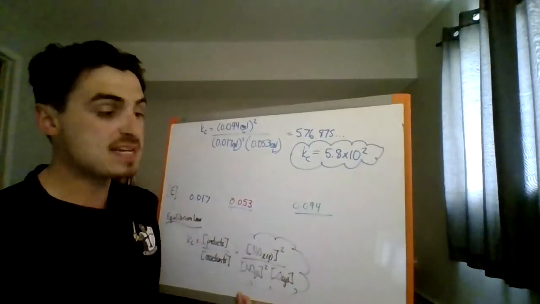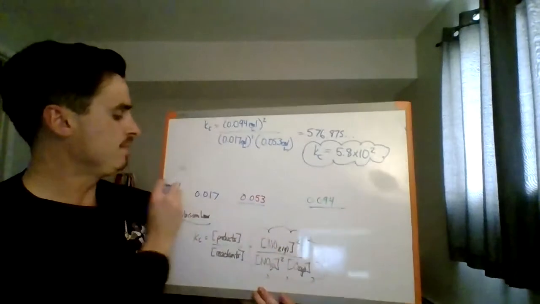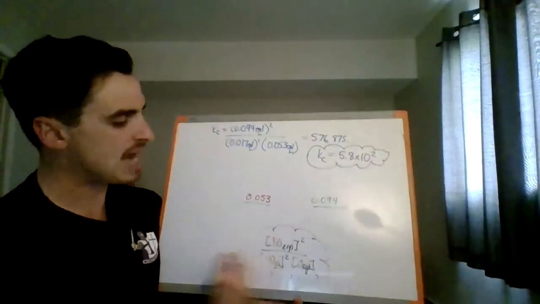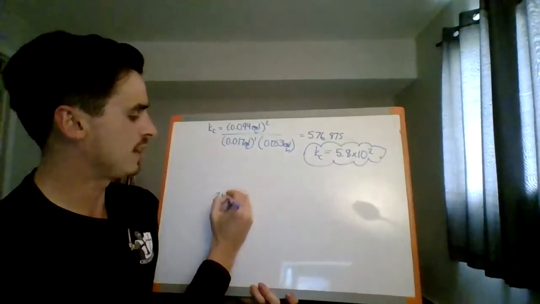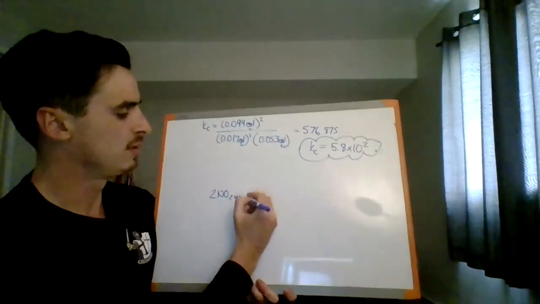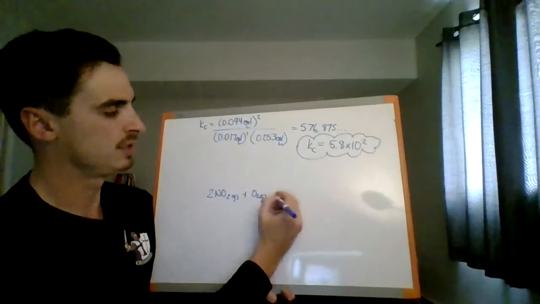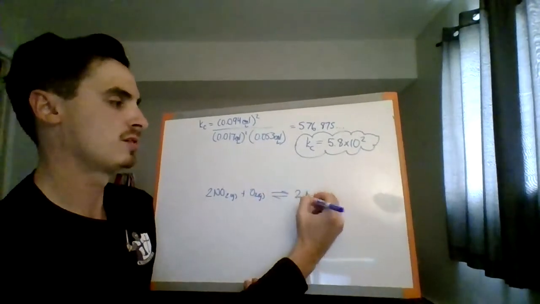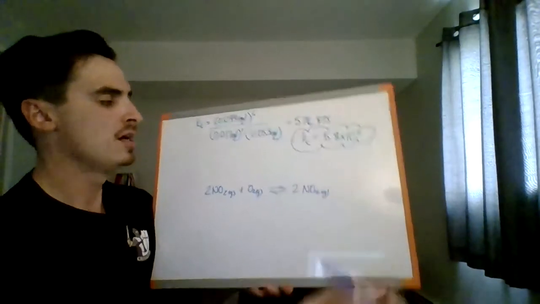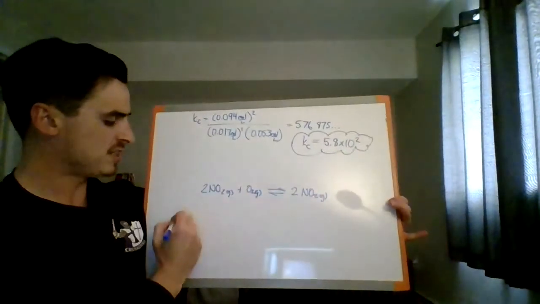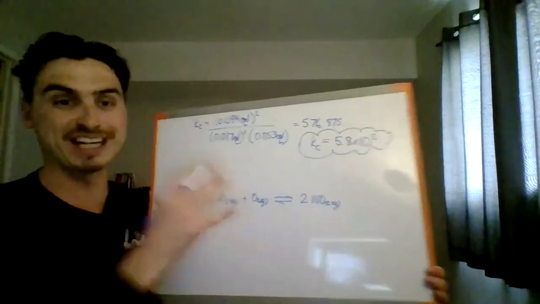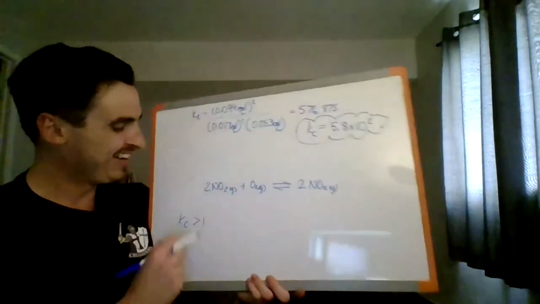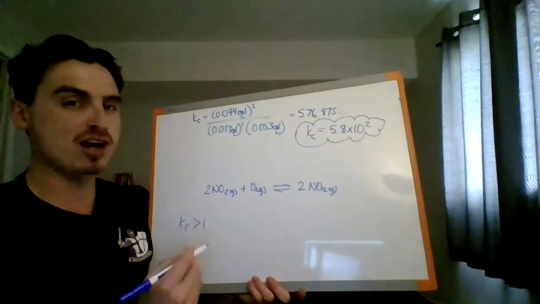Okay, what does that mean? If I look back at my reaction, which was 2NO2 plus O2 reacts to produce 2NO2, when Kc is greater than 1, as you're going to get to in your notes, the products are favored.